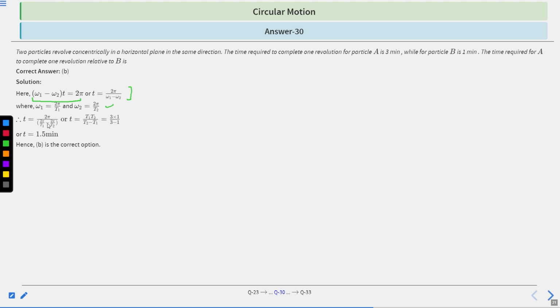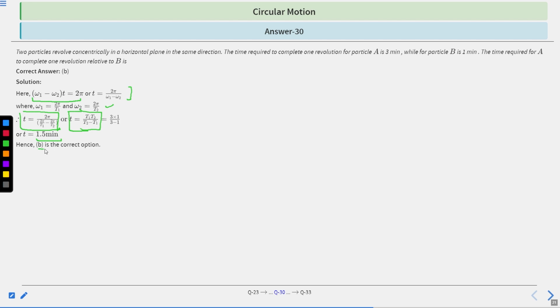So t equals t1 t2 divided by (t2 minus t1). Putting in the values, 3 into 1 divided by (3 minus 1), and solving this you get t equal to 1.5 minutes.